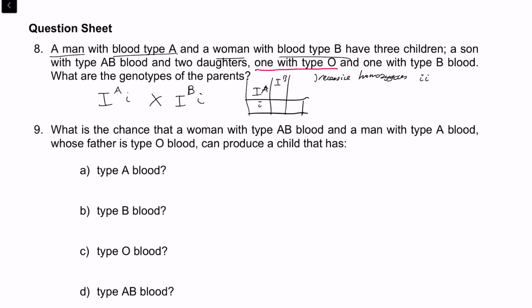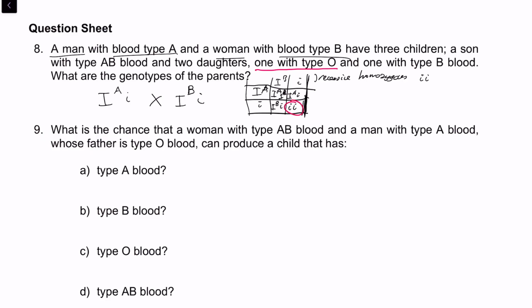Sorry, this one should be just lowercase i, since they're carrying the recessive lowercase i, then 25% of the time they will have a child with recessive lowercase i. Okay, and that's the possibility there.